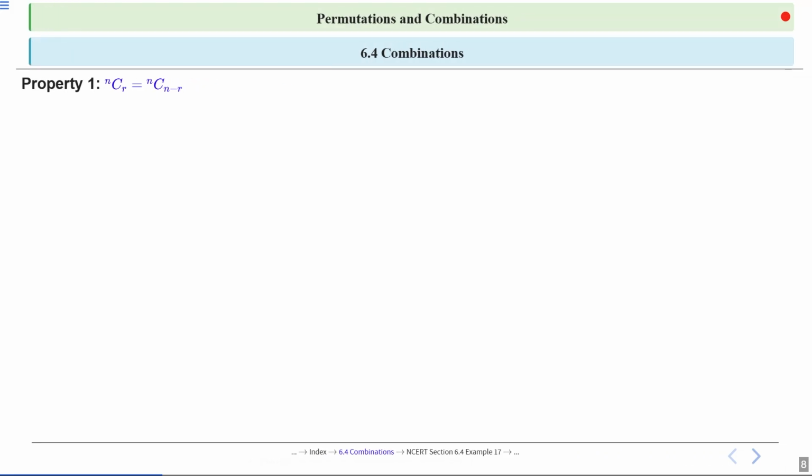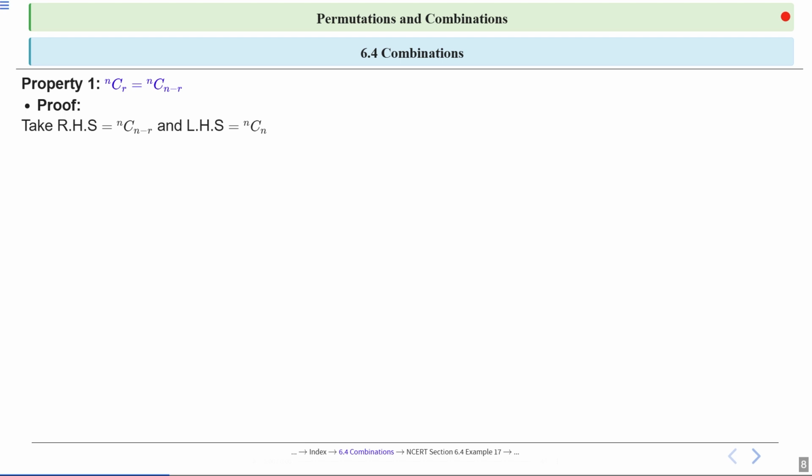Here, we will look at the proof of property 1. Okay, so property 1 states that nCr is equal to nC(n minus r). Okay, let's prove it. So now, let's start the proof of property 1. Take RHS as nC(n minus r) and LHS as nCr.